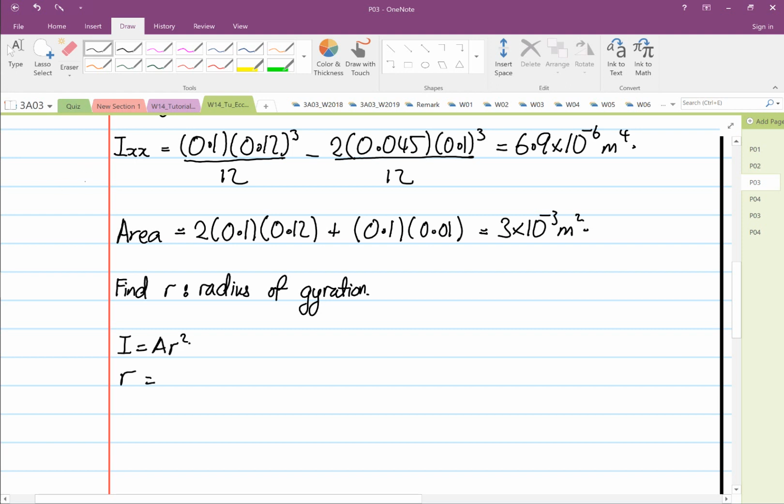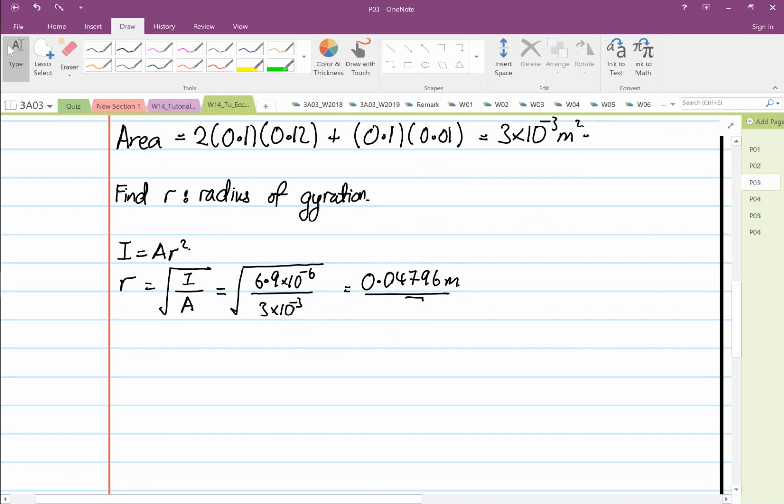So R is equal to square root of I over A. So it will be equal to I, 6.9 times 10 to the power minus 6, area is 3 times 10 to the power minus 3. So this will be equal to 6.9 divided by 3 times, and it's equal to 0.04796. That's our radius of gyration.